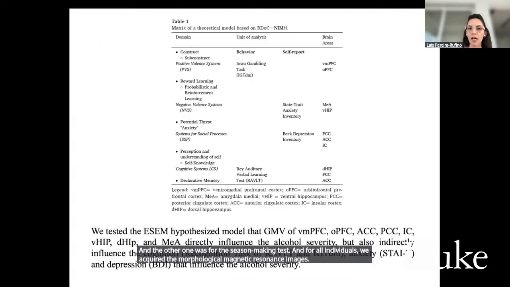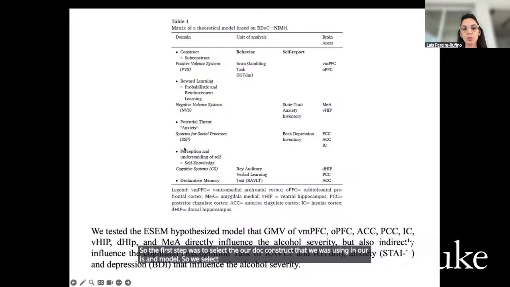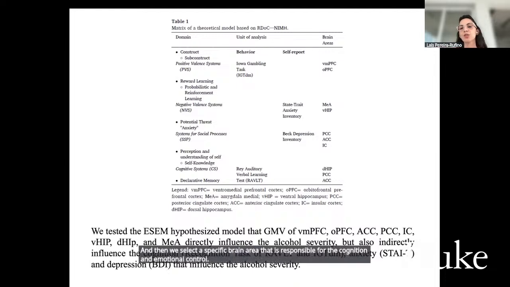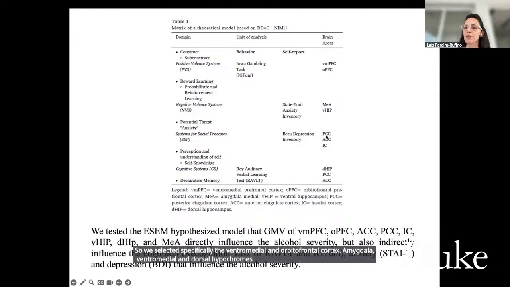So the first step was to select the RDoC constructs that we were using in our ESEM model. We selected four constructs and subconstructs, and we allocated our cognitive and emotional testing to each of these constructs. Then we selected specific brain areas responsible for cognition and emotional control: the ventromedial and orbitofrontal cortex, amygdala, ventral and dorsal hippocampus, posterior and anterior cingulate cortex, and the insular cortex.